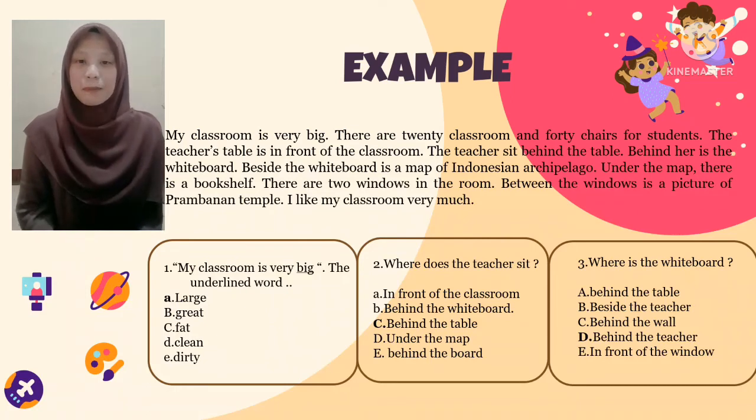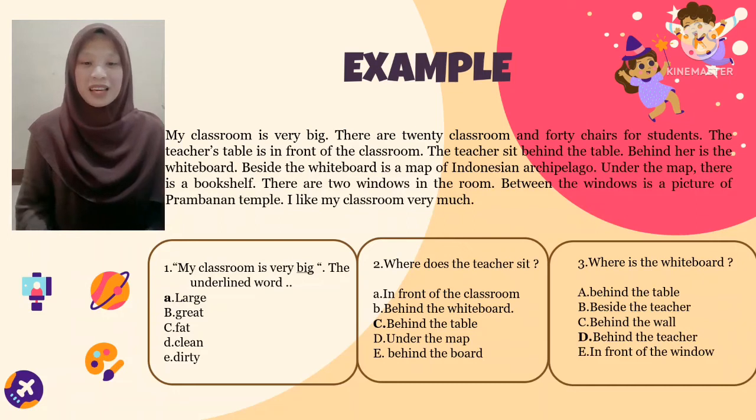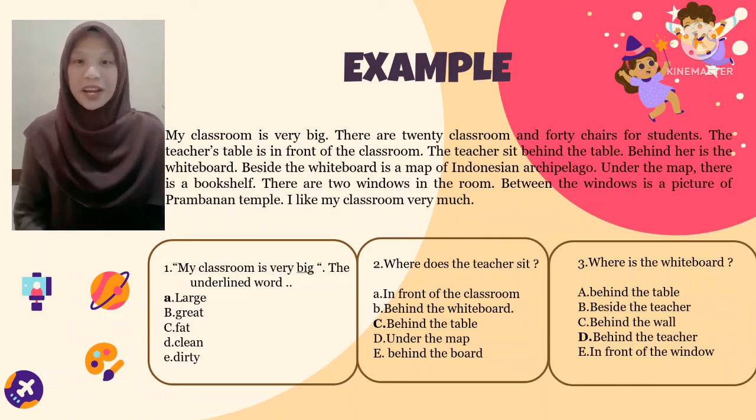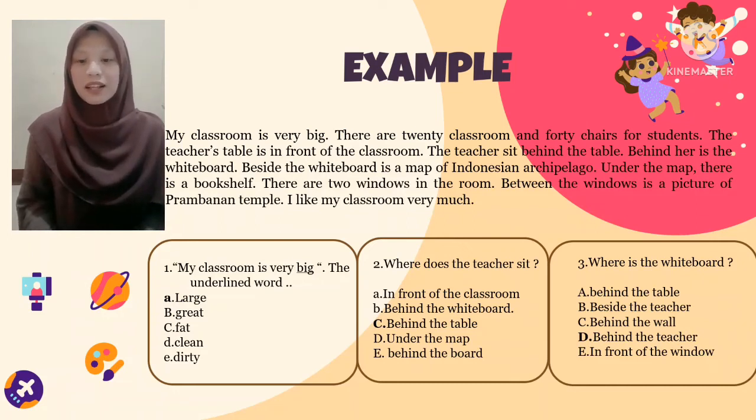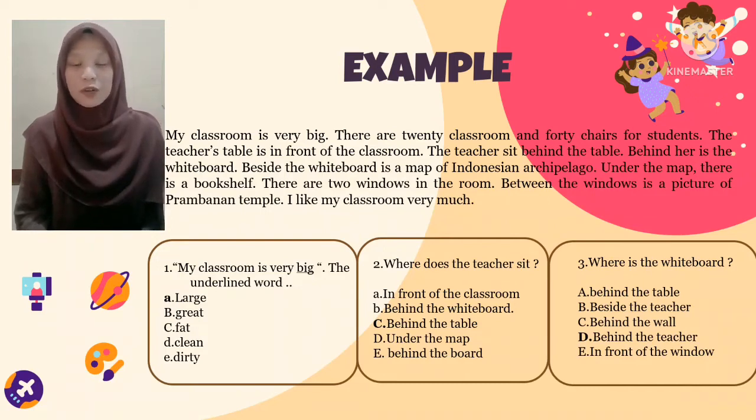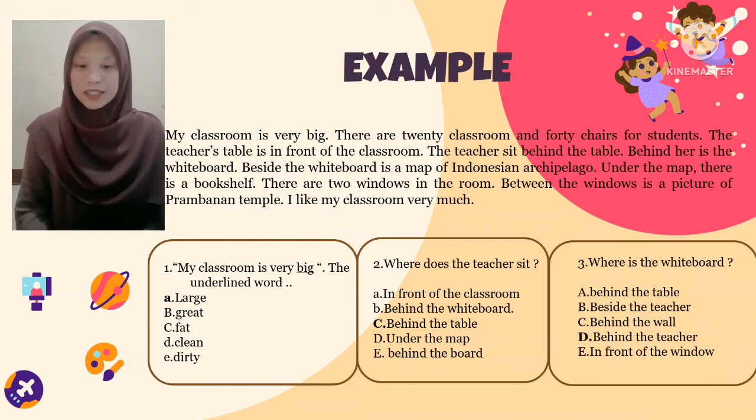Next is an example of complex multiple choice. For the example, I have a text about descriptive text, and you can look at the screen, look at the picture, and we can read together. My classroom is very big. There are 20 classrooms and 40 chairs for the students. The teacher's table is in front of the classroom.